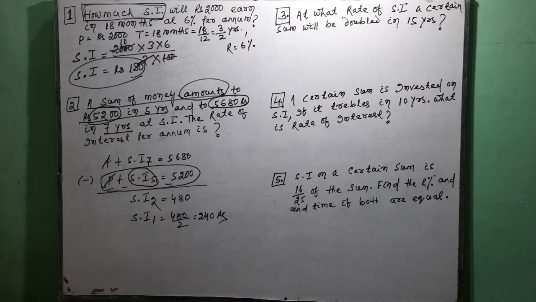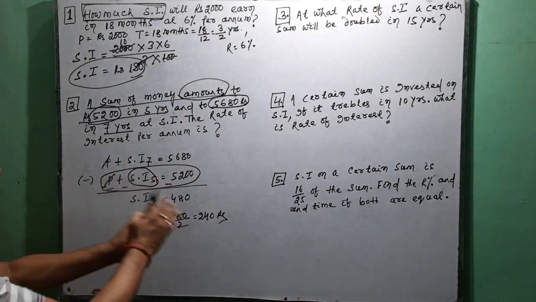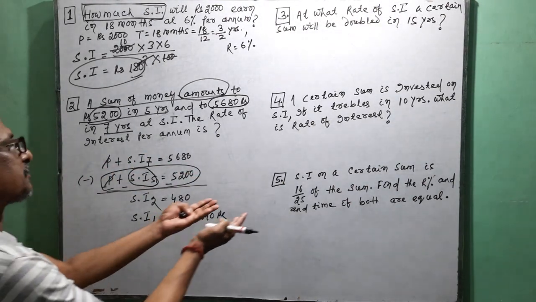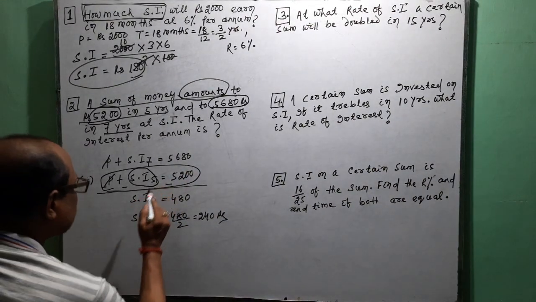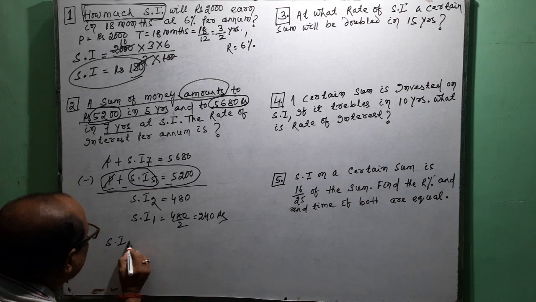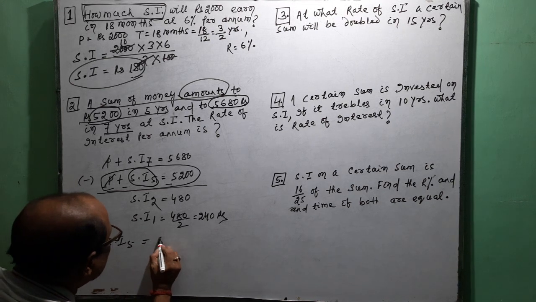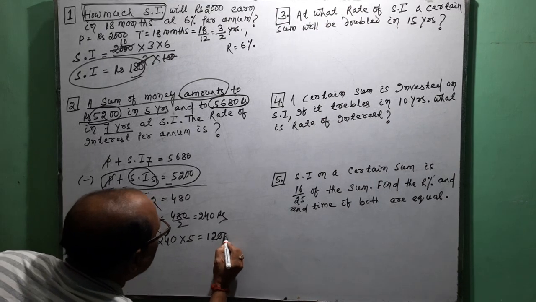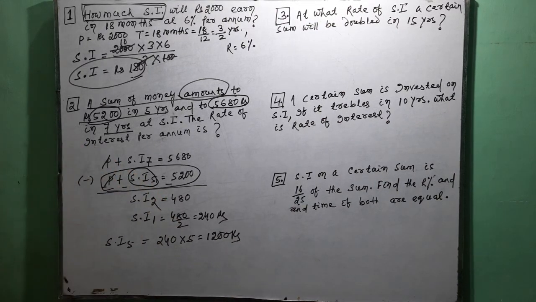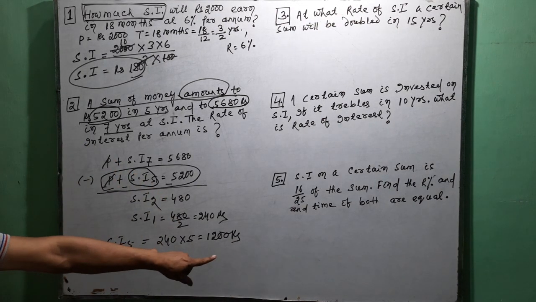So, out of 5,200, if we deduct 1,200, observe, the principal remains. SI of 5 years is equal to 240 into 5, which is 1,200 rupees.